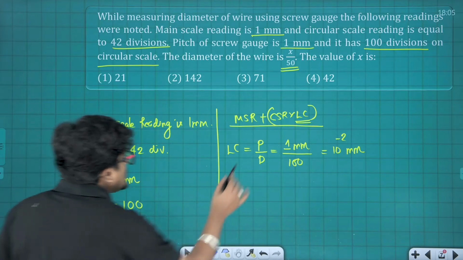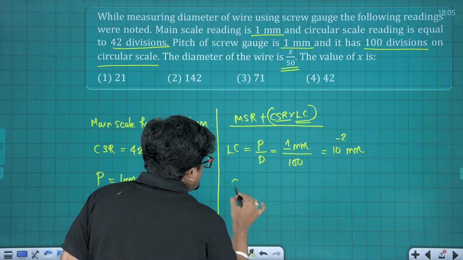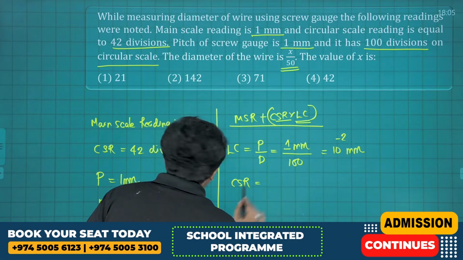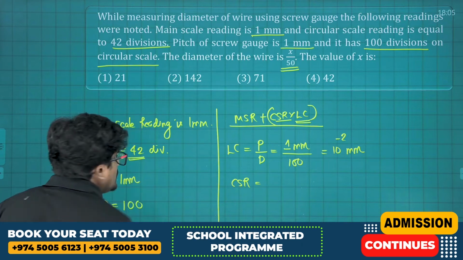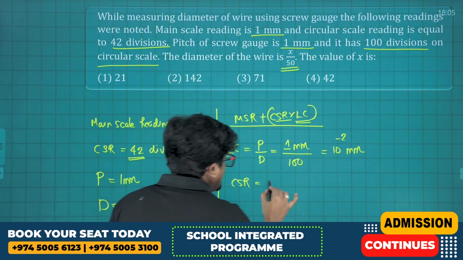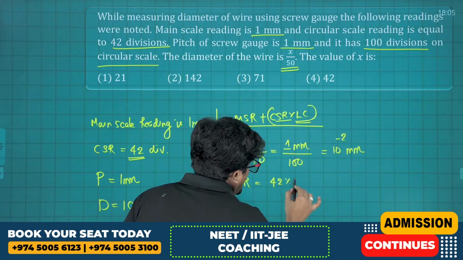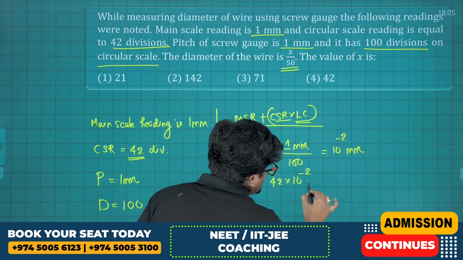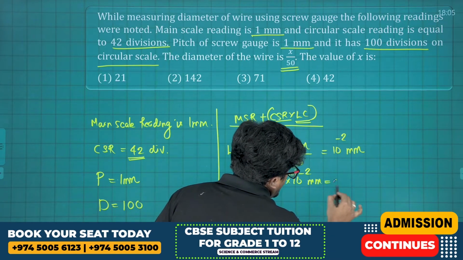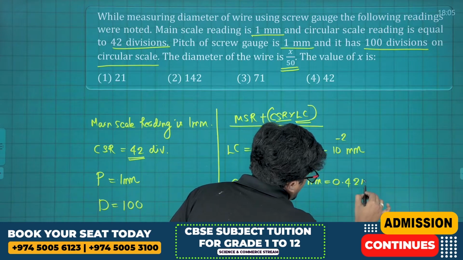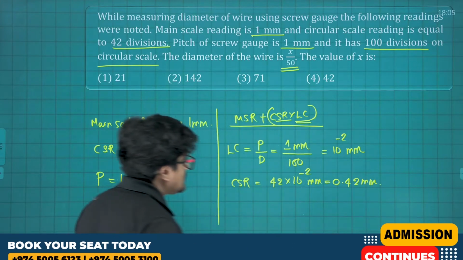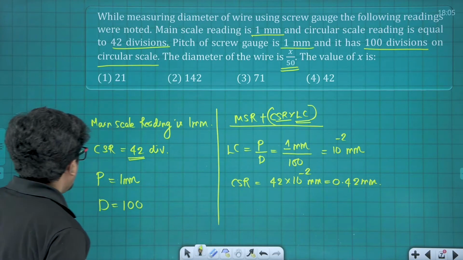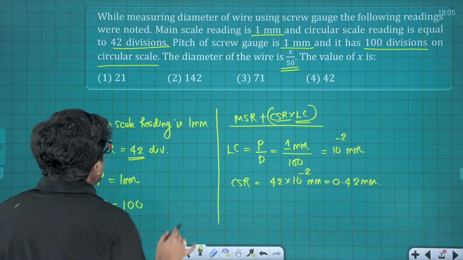Now, what is the circular scale reading? Circular scale reading was equal to 42 divisions. So now it is basically 42 into 10 to power minus 2 mm, or I can say 0.42 mm. Isn't it? Now what about the main scale reading?